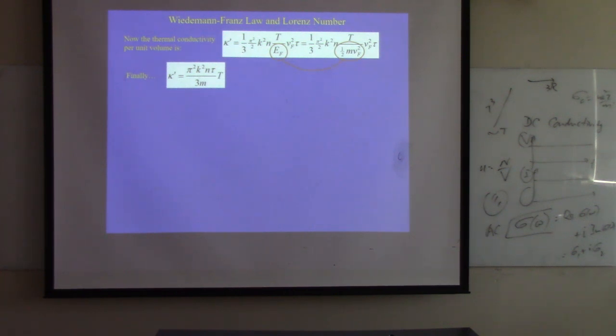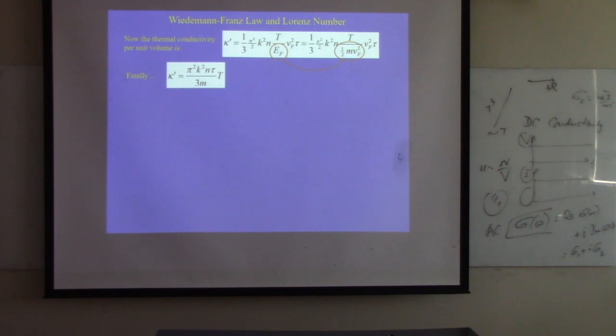Now if you take this ratio, K prime over sigma, what do you get? You can see here, pi squared k_B squared N tau over 3m, and if you divide, then I have m over N e squared tau times T here. Now you can see m and m cancel, N and N cancel, tau cancels.